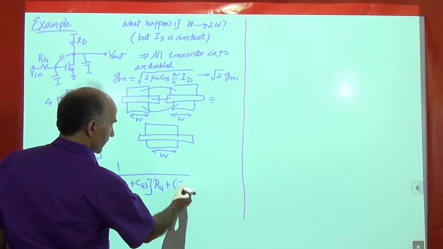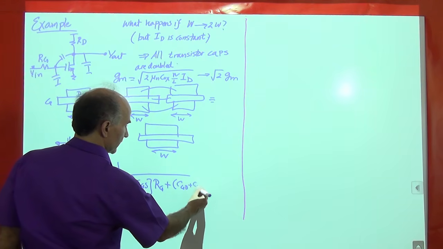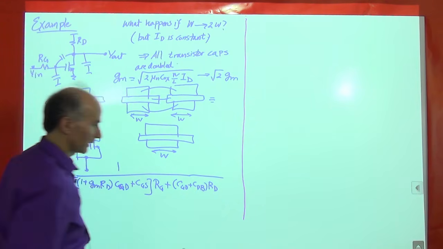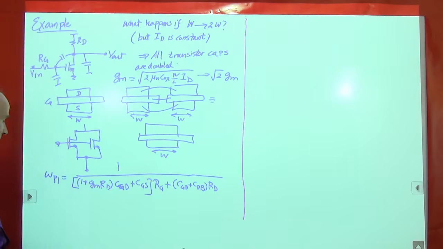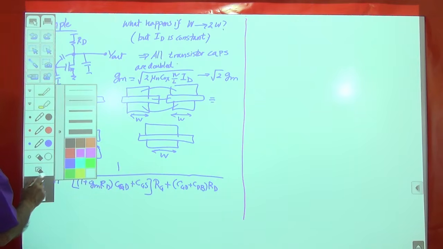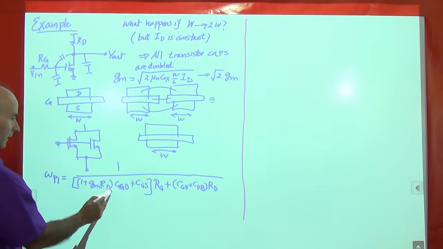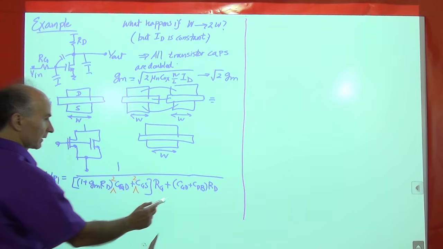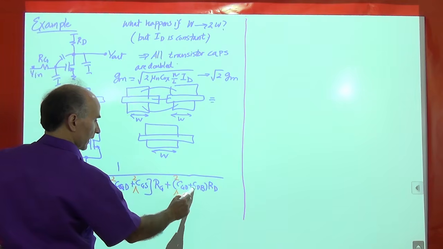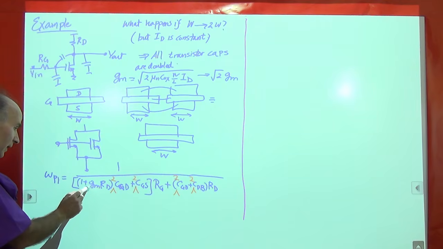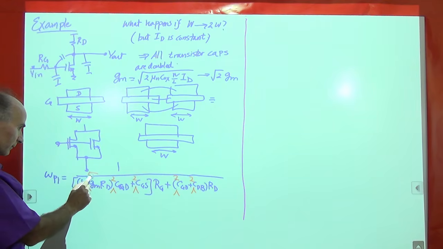So that was CGD plus CDB times RD. Okay. And what we're doing is we are multiplying all of these by a factor of 2. So let's go and pick this color. So there's a factor of 2 now here. There's a factor of 2 here. There's a factor of 2 here. And there's a factor of 2 here. And the GM is also multiplied by square root of 2.